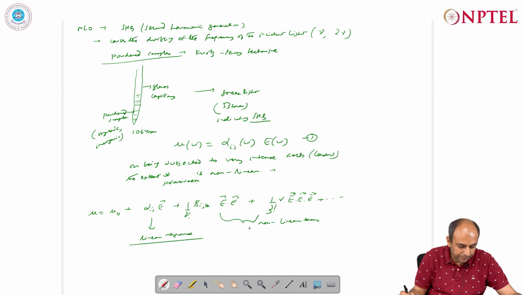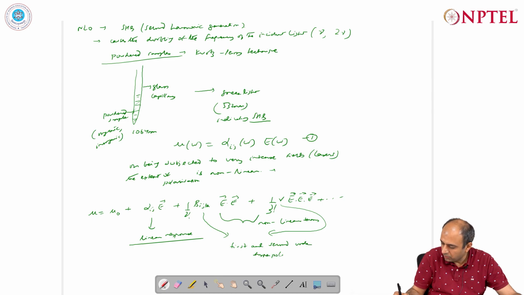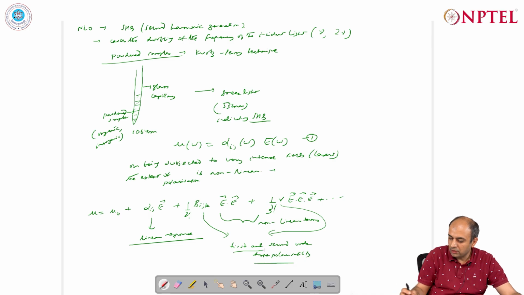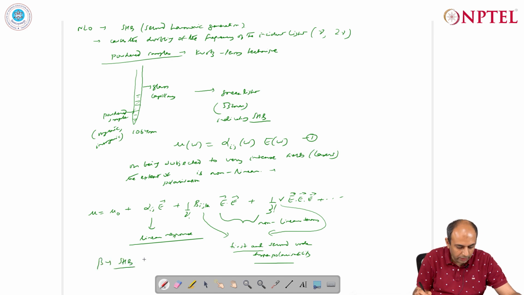And beta and gamma are referred to as the first and second order hyperpolarizability terms, and so this beta term is actually the second harmonic generation term, or the NLO response.